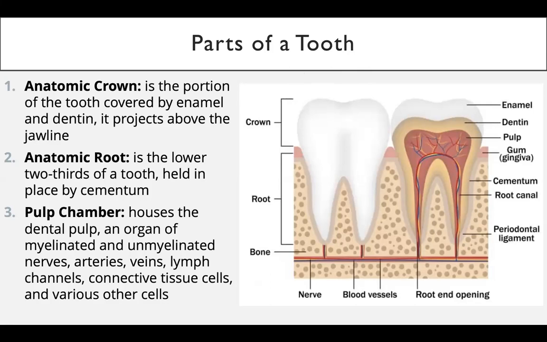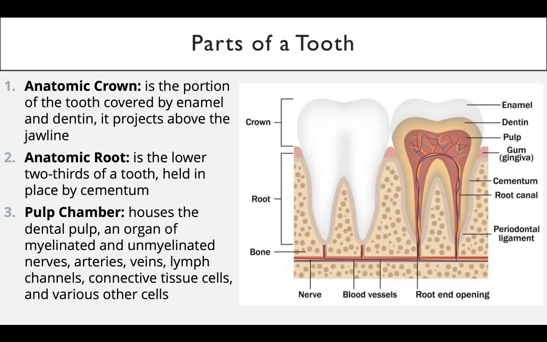One of the most common diseases in the world, dental caries or dental decay or dental cavity formation, which I hope you have not experienced, but maybe all of us have experienced at least once in our life.